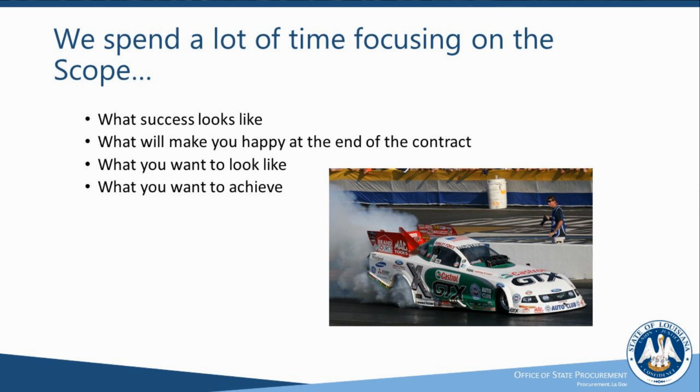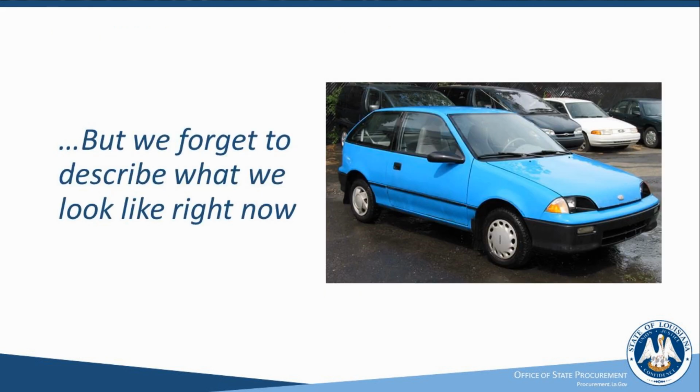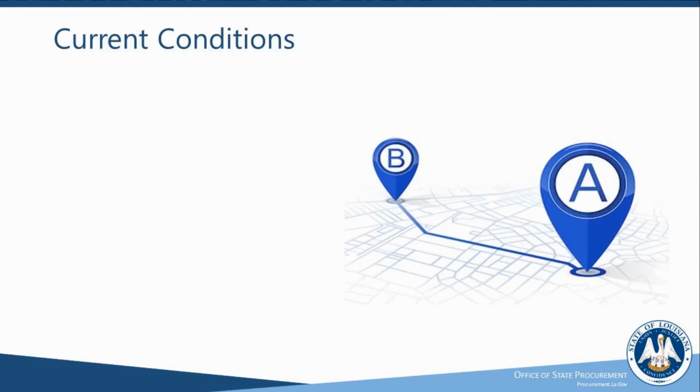Unfortunately, a lot of times we spend all of our focus looking at what we want to be in the future. What is that destination point? In this case, we want to be the fancy race car. But a lot of times we can forget to describe what we look like right now. And what we look like right now might have an effect on how the proposers are going to get us from point A to point B.